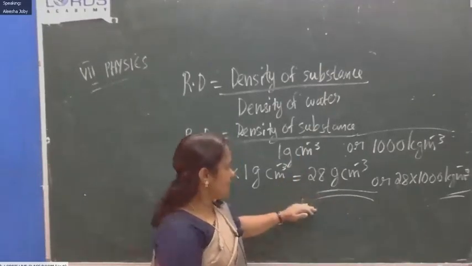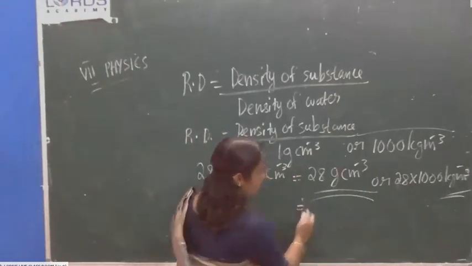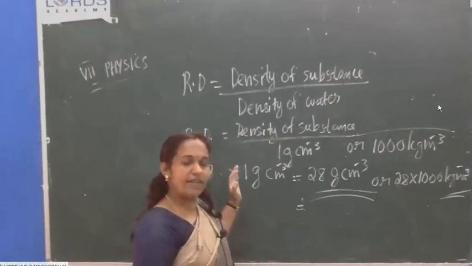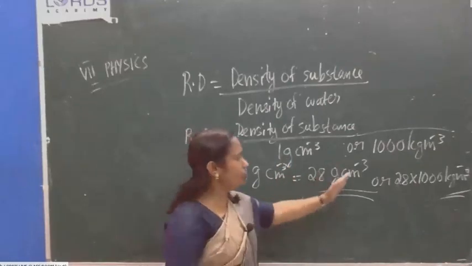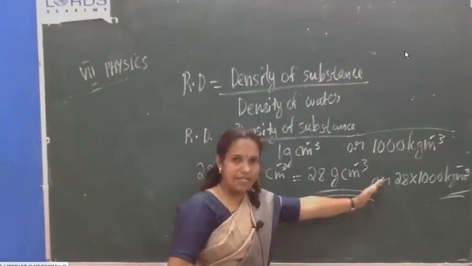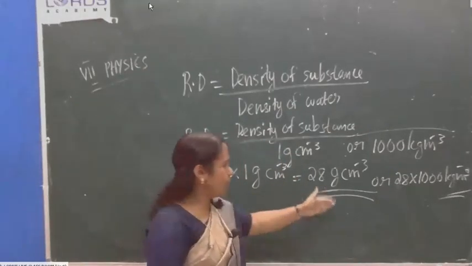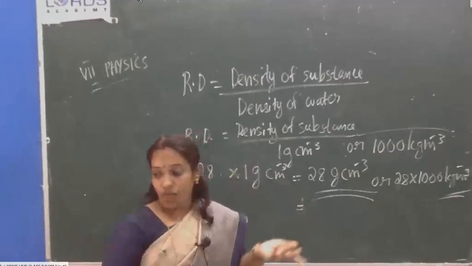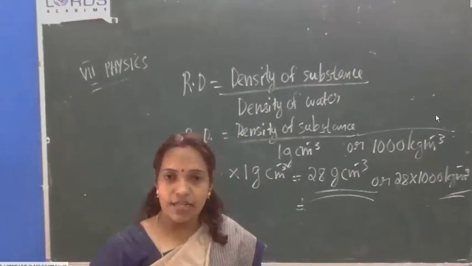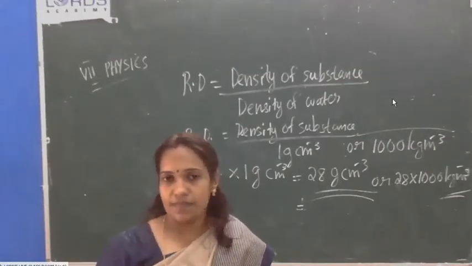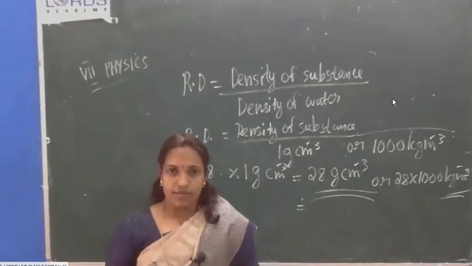Just in the next line write this equal to. Left hand side is relative density of substance, so no need to write it again. Relative density of substance is equal to the density of substance in gram per centimeter cube, as you wrote. Next line, under the equal to, put one more equal to and write density of substance. In which unit?